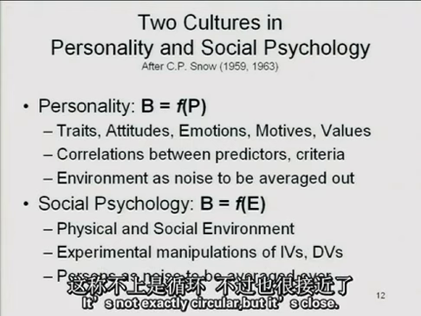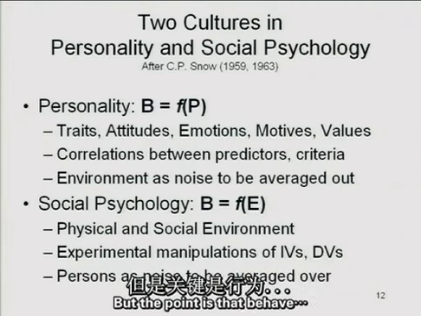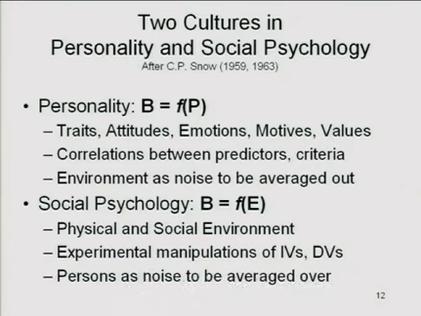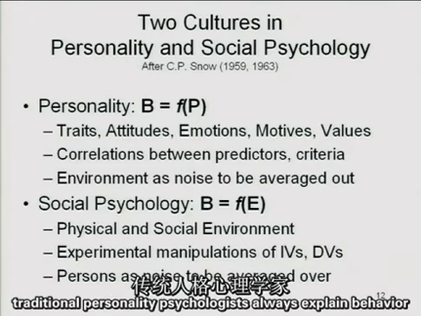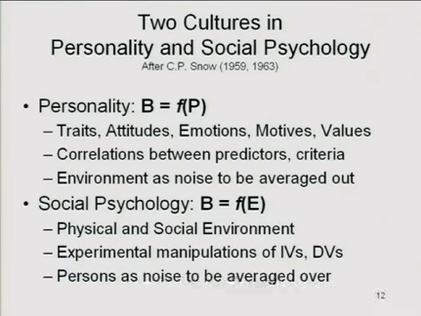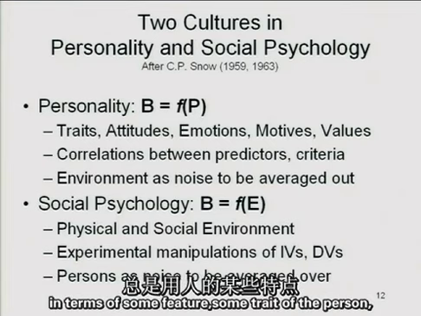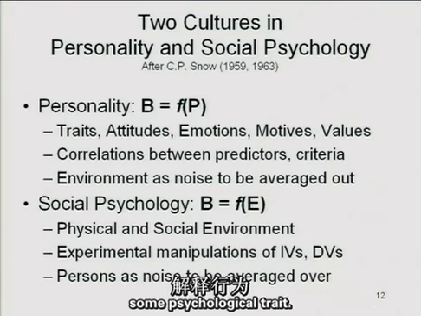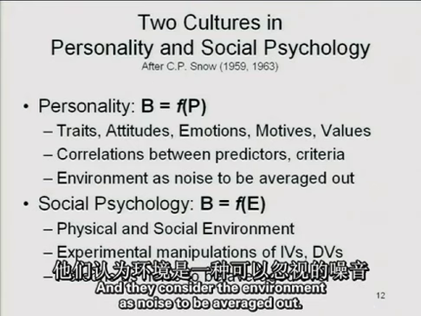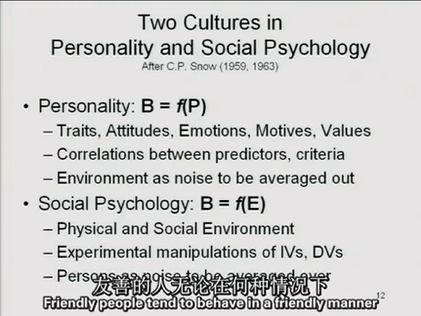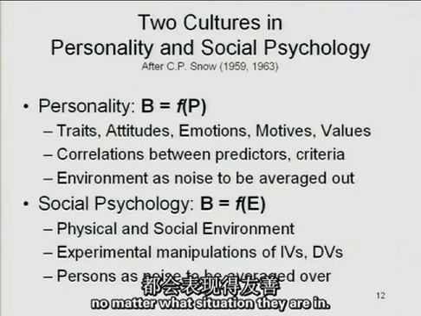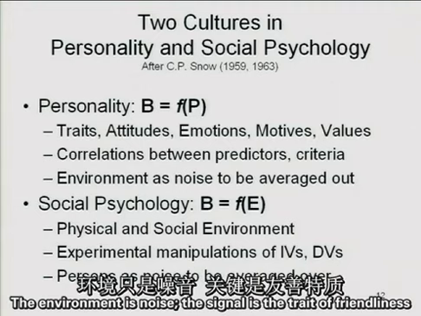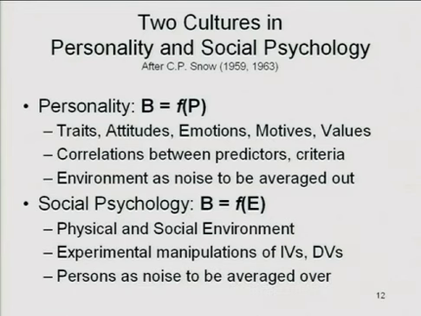It's not exactly circular, but it's close. But the point is that traditional personality psychologists always explain behavior in terms of some feature, some trait of the person, some psychological trait. And they consider the environment as noise to be averaged out. Friendly people tend to behave in a friendly manner no matter what situation they're in. The environment is noise. The signal is the trait of friendliness.